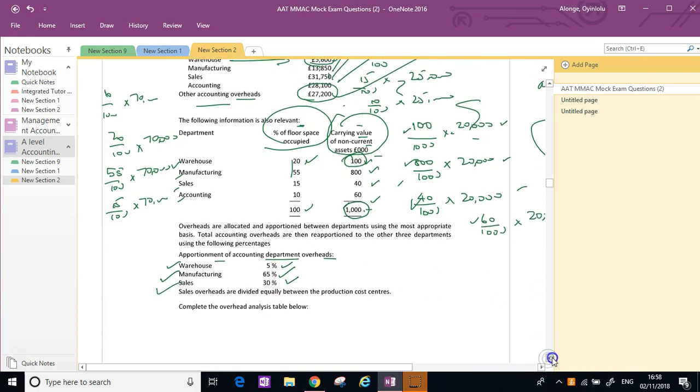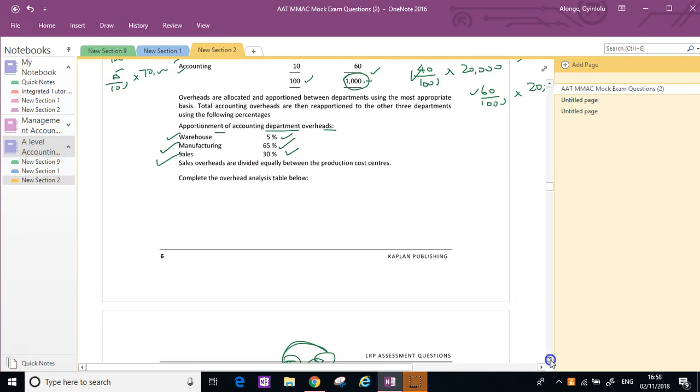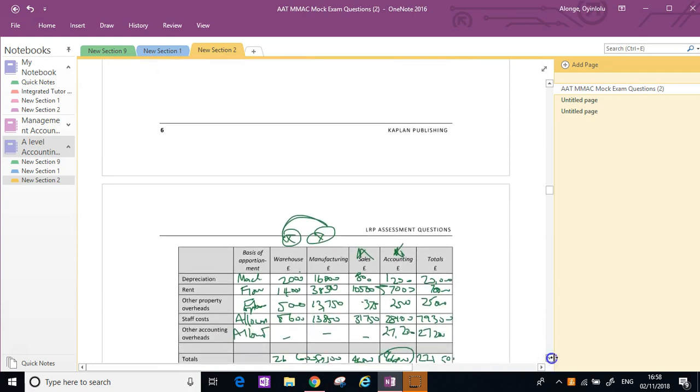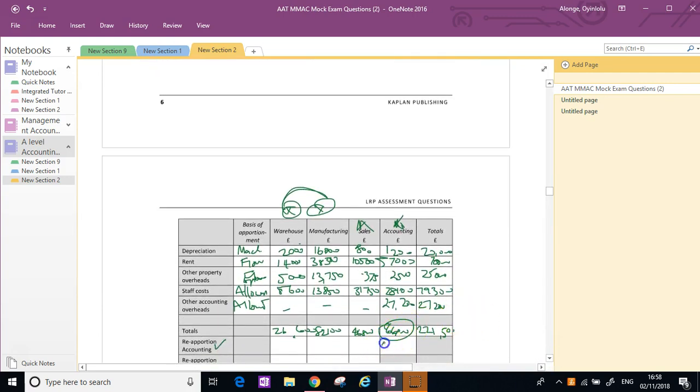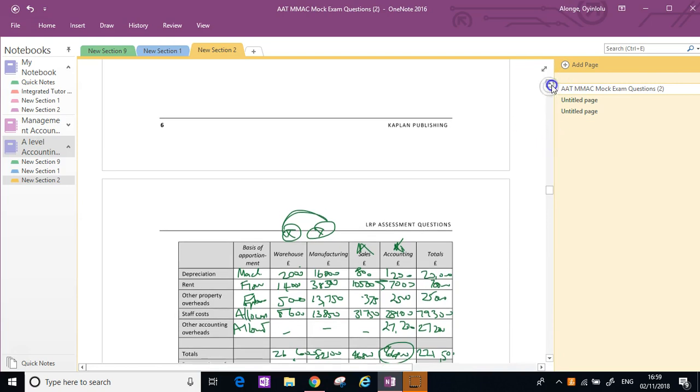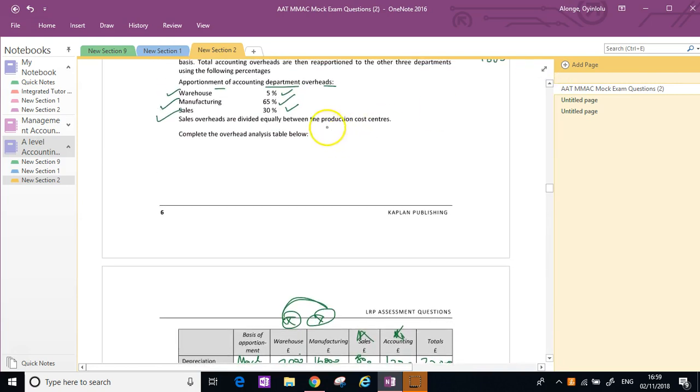What you're really saying is, I need to get rid of this accounting cost. So you could put something like minus 66,000. You're literally spreading it in that percentage ratio of 5, 65 and 30.